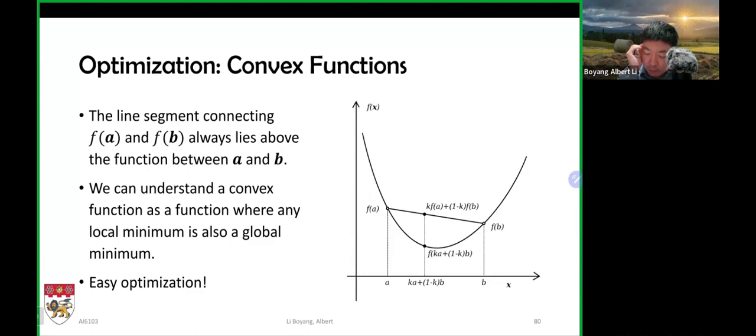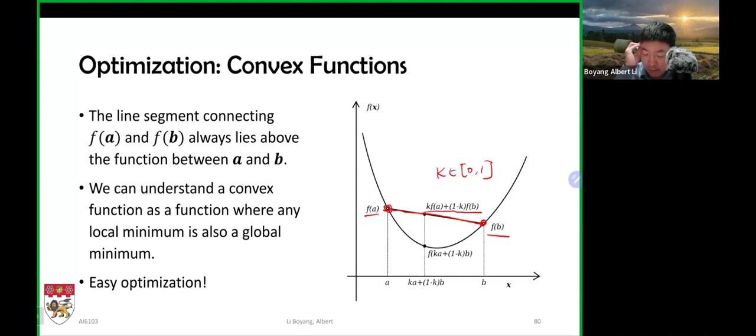If you have 2 points on the function, f(a) is this point, f(b) is this point, and you draw a straight line between f(a) and f(b), so we have a line segment here, and the line segment is characterized by this function k f(a) plus (1 minus k) f(b), where k is between 0 and 1.